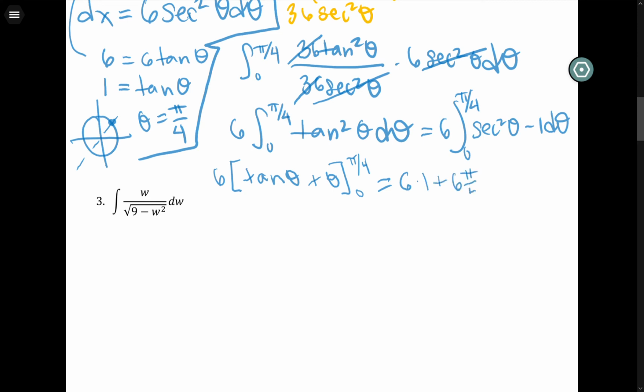Theta is pi over 4. And then we want to do the same thing but plugging in 0, which actually looks like it's not that exciting. Tangent of 0 is 0, and theta equals 0 gives us 0, so it's really just this. So I'm going to say I have 6 plus 3 pi over 2.